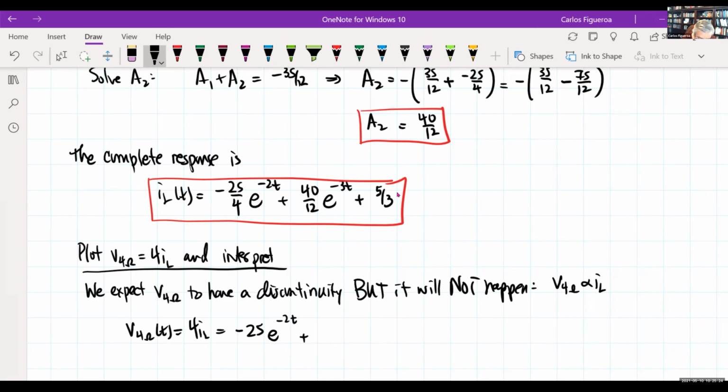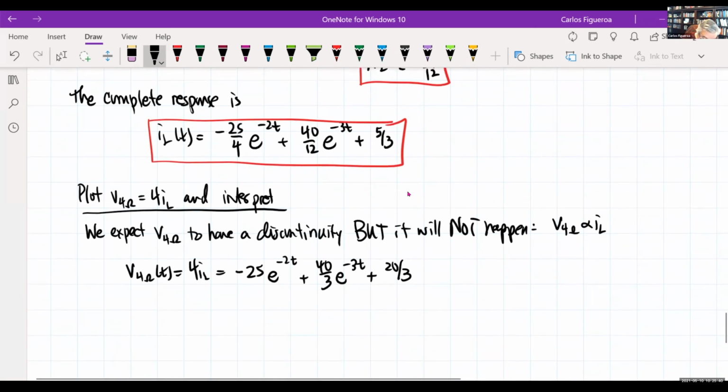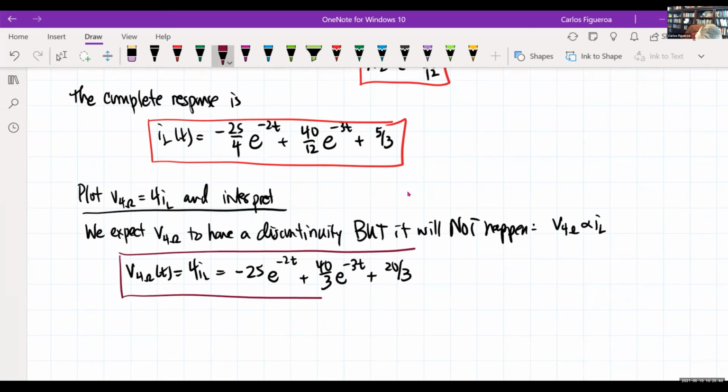And multiplying by 4, I get 40 thirds e to the minus 3t. And then I should get 20 thirds here. So this is my complete response for the 4 ohm resistor.